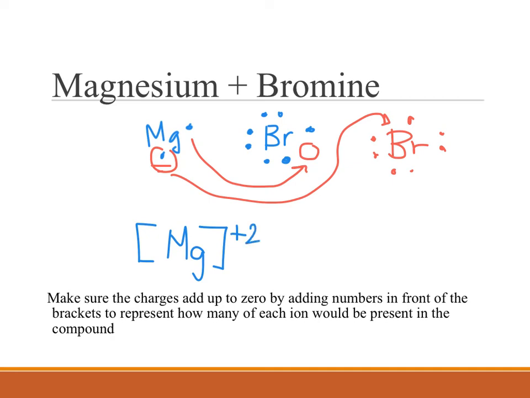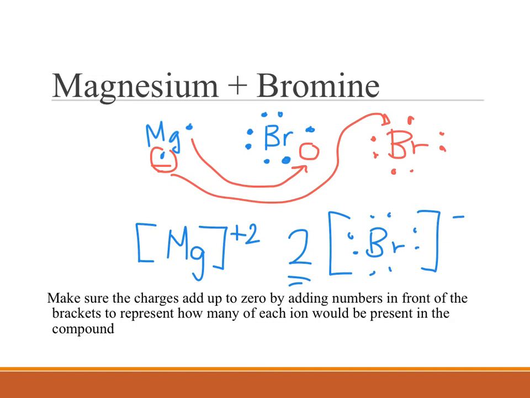So there's our magnesium ion, and then I'm going to say there are 2 of these bromide ions, and so then we have to show those with all 8 electrons present, put the square brackets around it, and 1 negative because each bromide ion only has a -1 charge, but then the 2 here in front as a coefficient tells you that we have 2 of them. So you want to make sure your charges add up to 0. This is another way of figuring out what the formula is for combining atoms together in ionic compounds, and then use the coefficient to represent that.